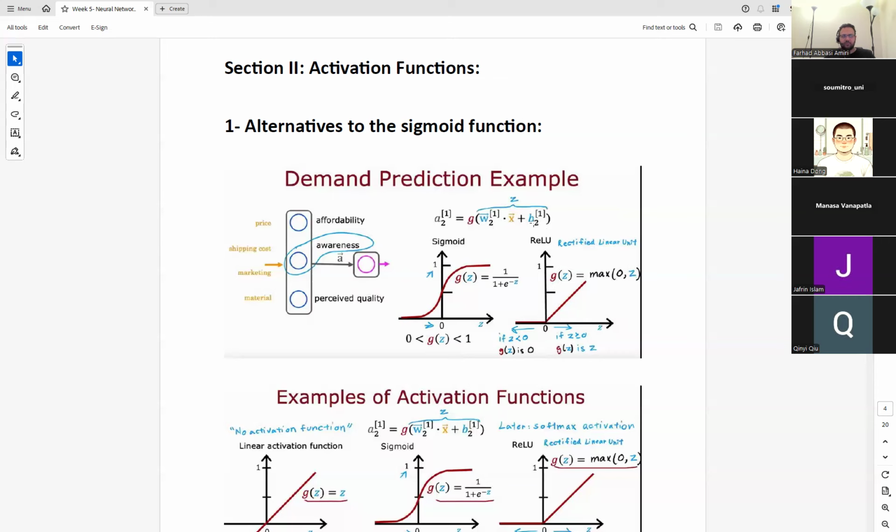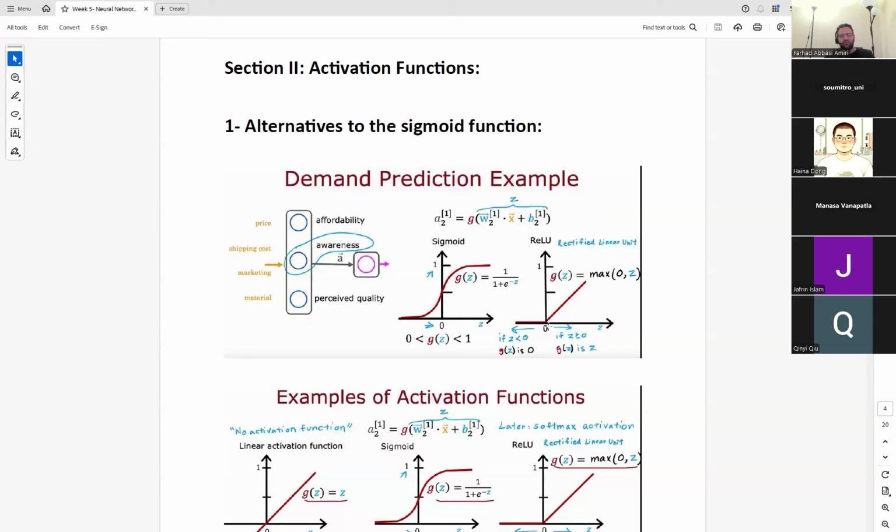On the left-hand side of the horizontal axis, when z is less than 0, g of z is completely 0.